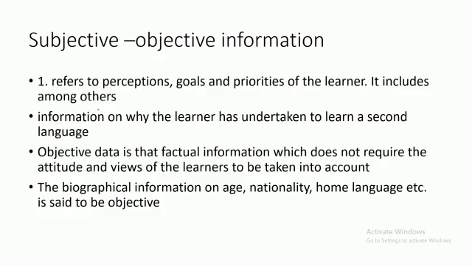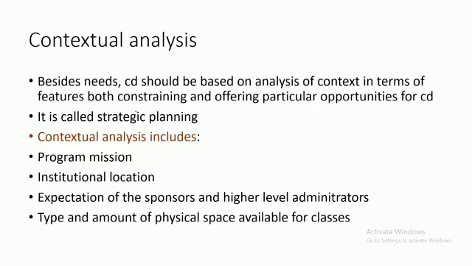It includes, among others, information on why the learner has undertaken to learn a second language. Objective data is that factual information which does not require the attitude and views of the learners to be taken into account. The biographical information on age, nationality, home language, etc. is said to be objective. Okay, so you got the clarification of objective and subjective information. When we do the needs analysis, we have to continue with these two types of information.